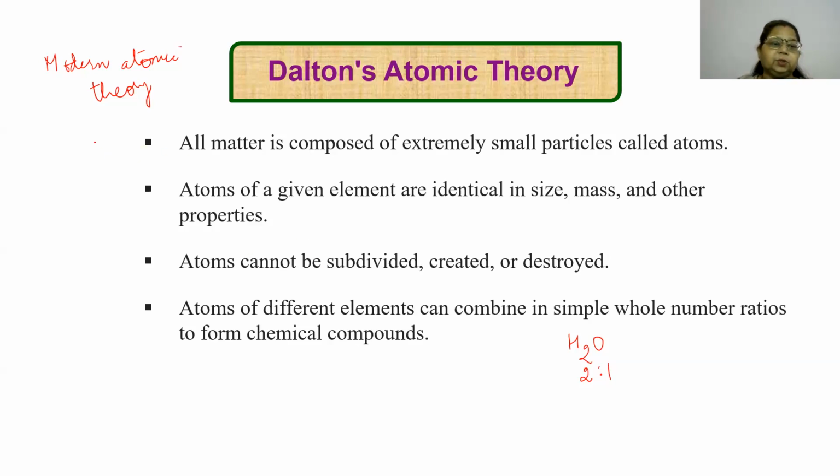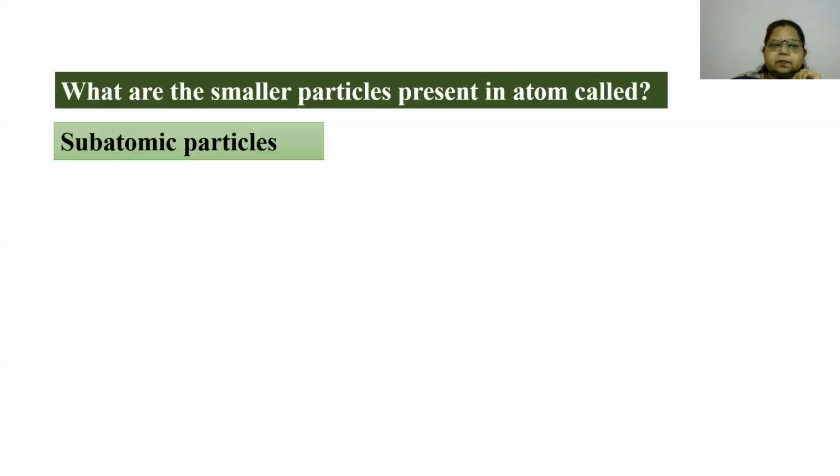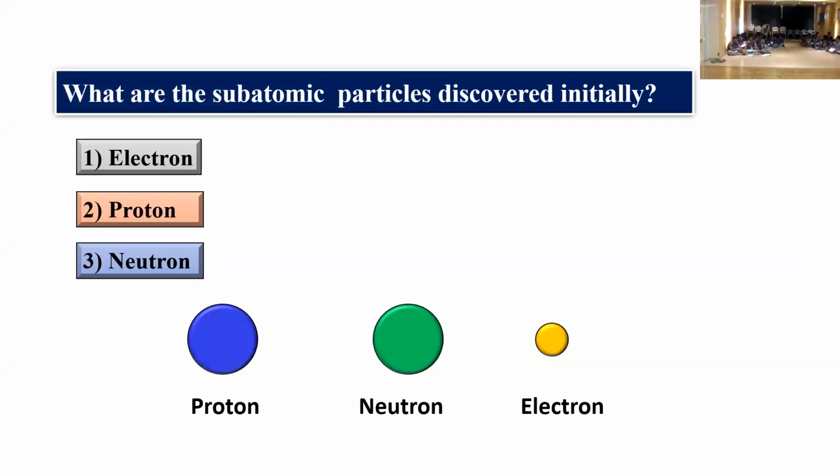In the modern atomic theory, we say atom can be divided, or atom is divisible into, do you know the name of the particles? Come on, you have done almost half of the chapter. Tell me the name of the particles. Proton, ma'am. Proton, neutron, electron. Yeah, correct.